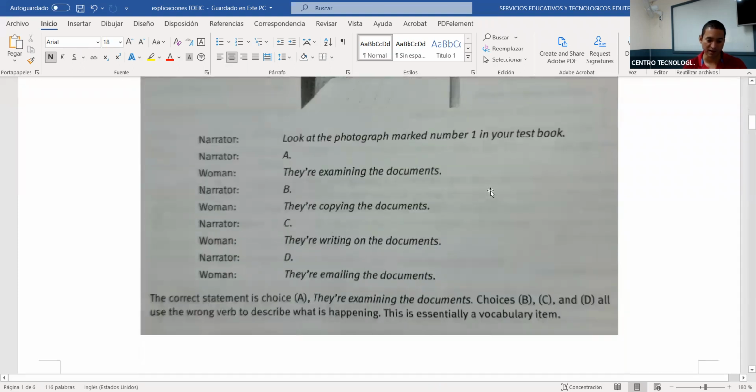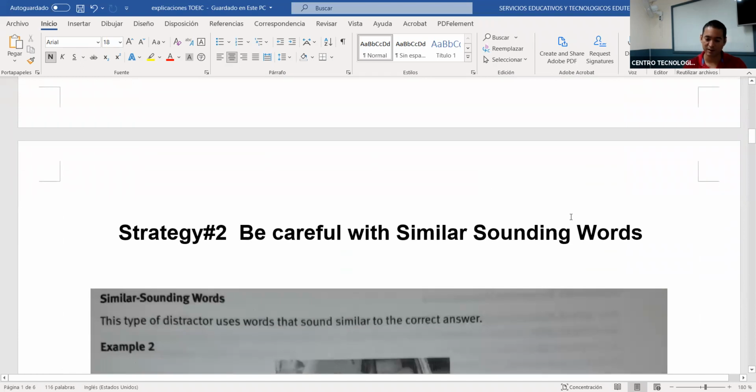So we have the second strategy. The second strategy is very common, and you will always find it in the TOEIC tests. They try to trick people, especially because sometimes, when you're listening or when you're reading, you want to base your choice on what you read or on what you heard.